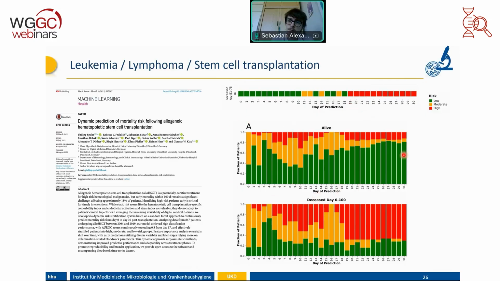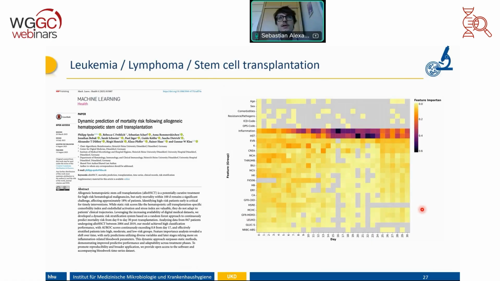When you look at the bottom part of this figure, most of the patients who were alive after 100 days had a low risk during the first 30 days after transplantation, whereas of the patients who died between day 0 and day 100, most had a high risk. So the algorithm works, which is really nice and gives us this traffic-light-like scheme to identify patients with high risk.